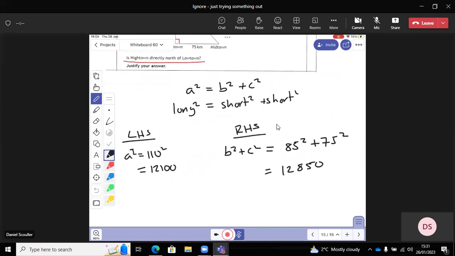So the left hand side doesn't equal the right hand side, therefore it is not a right angle.